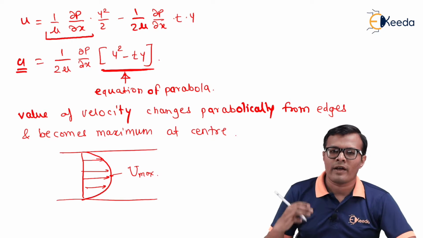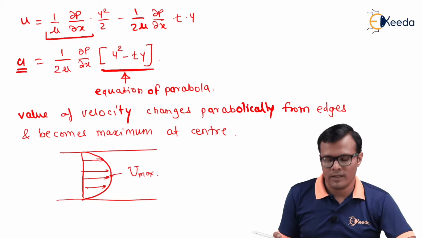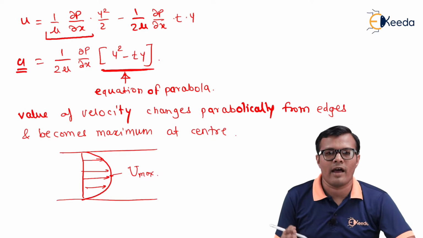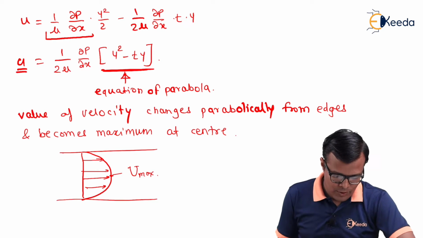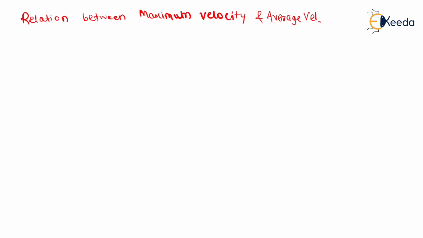Again, we can find the relation between this u max value and the average velocity, u bar. So we will continue with the relation between maximum velocity and average velocity.